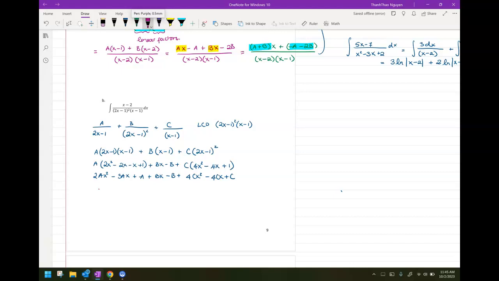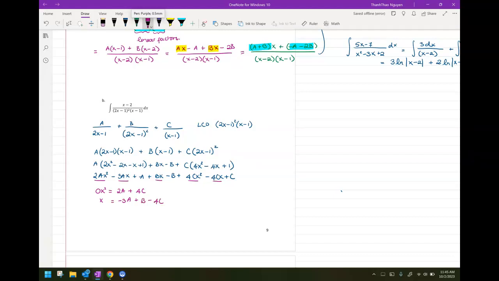So then we get, for the x squared term, 0x squared, and that equals 2a plus 4c. For the x term, we get negative 3a plus b minus 4c.